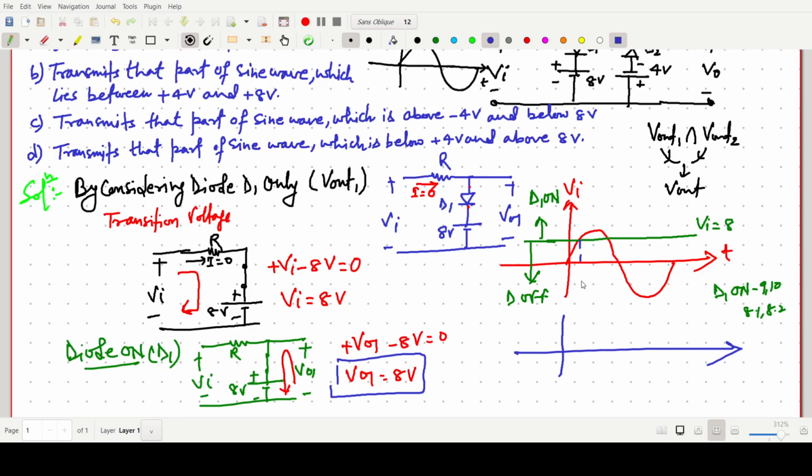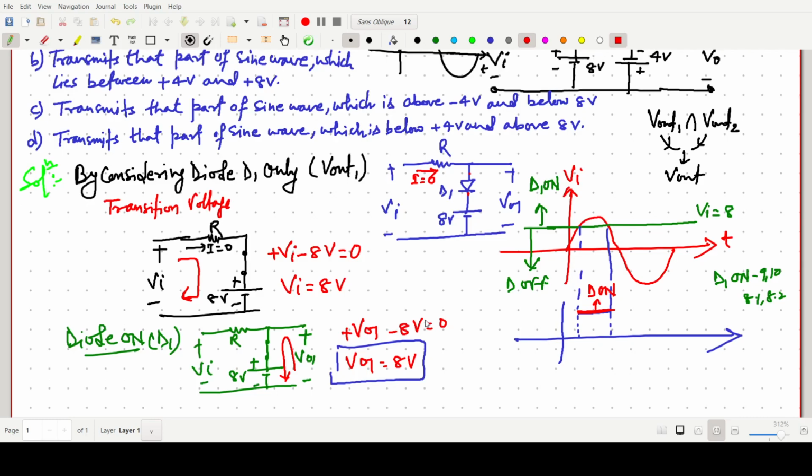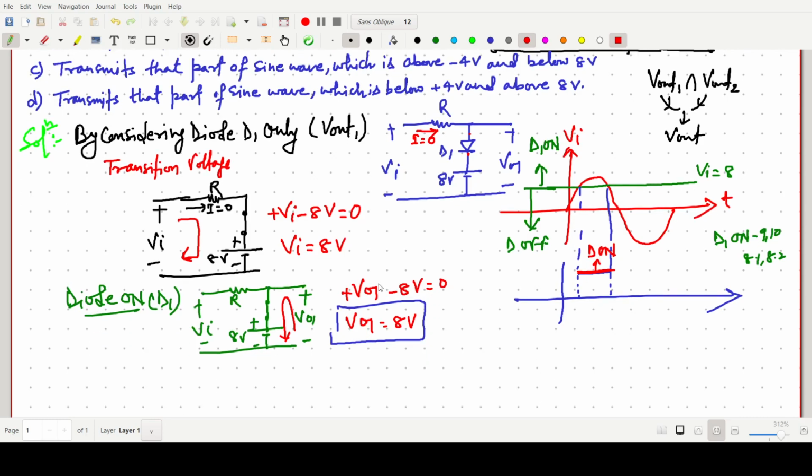During the time the diode is on, above this line, the output voltage is 8 volt. I am taking a different color for this. Below this 8 volt line, the diode will be off.